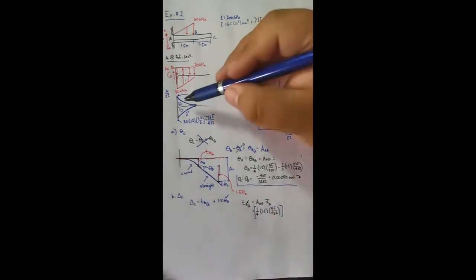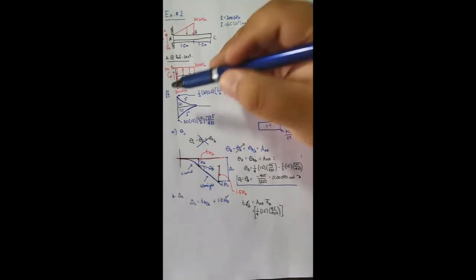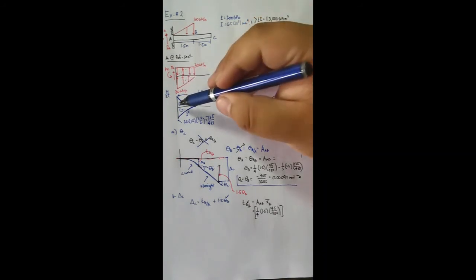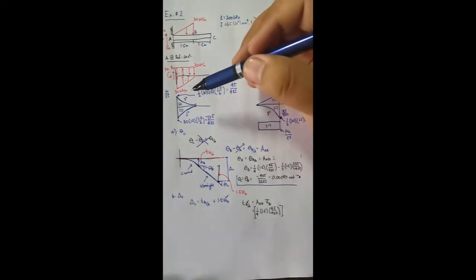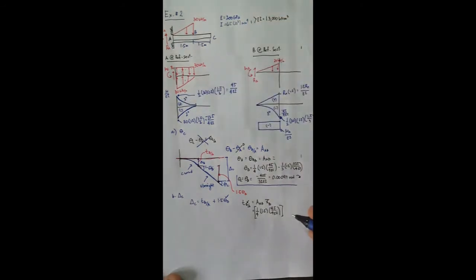So ang centroid ng third degree spandrel is nandito. So that would be 1 over n plus 2 from the vertex. So therefore, ito ay third degree spandrel, so nandun siya sa 1/5 ng 1.5. So ito po yung x bar.